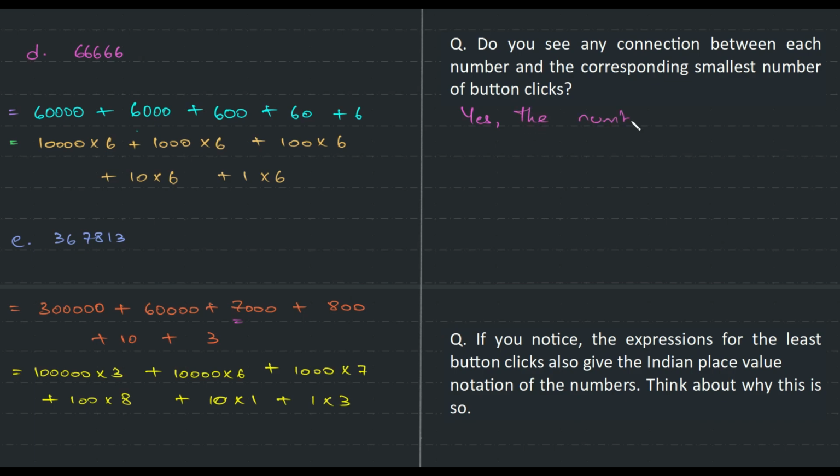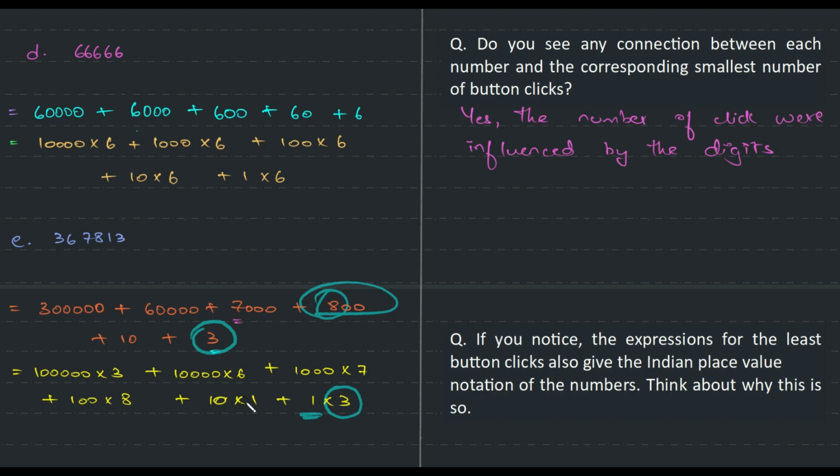The number of clicks were influenced by the digit everywhere. For one more example, 3 is influencing how many times we click 1. Let me take 800: 100 being clicked 8 times. 6,000: 1,000 being clicked 6 times.